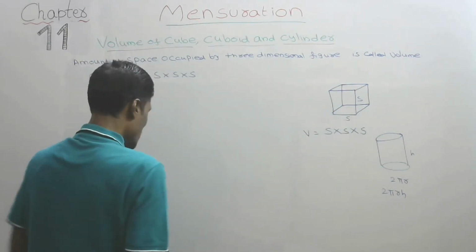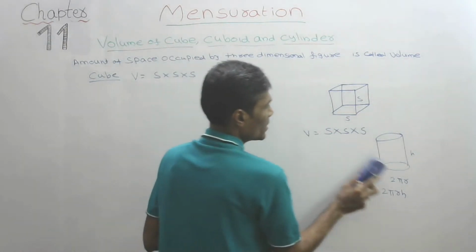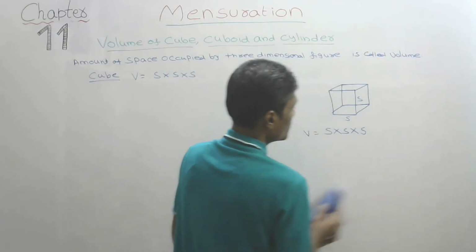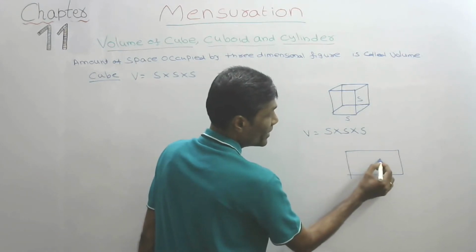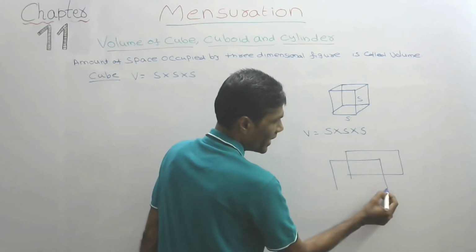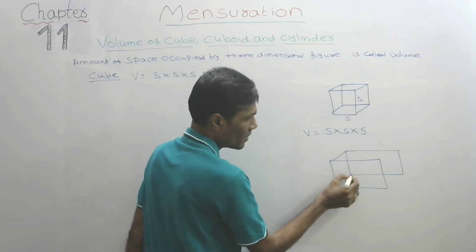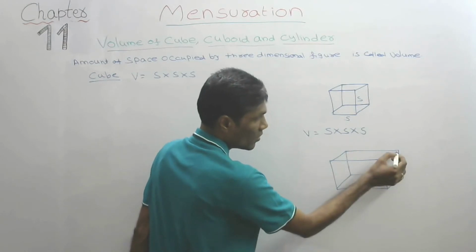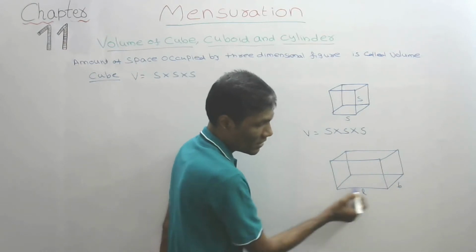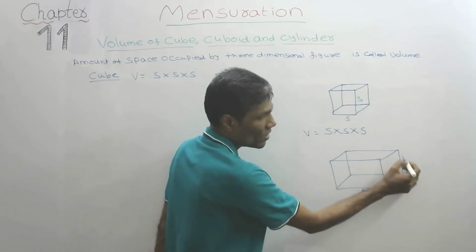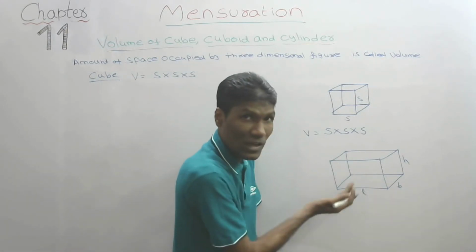Now, let us do that for a cuboid. Say, this is a cuboid. In this cuboid, length, breadth and height are different. They are not the same. Now, say this is length, this is breadth, and this is height. Now, what is the concept? First, find the area of the base.